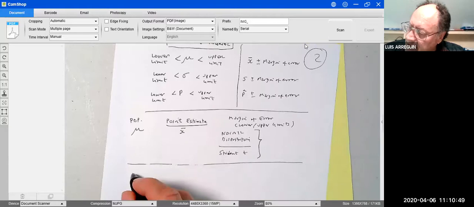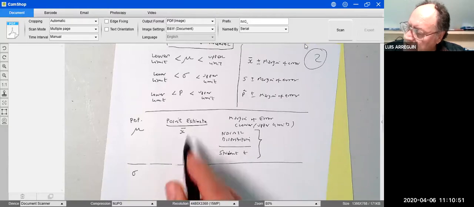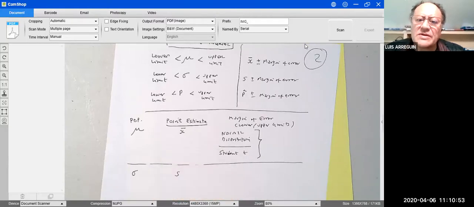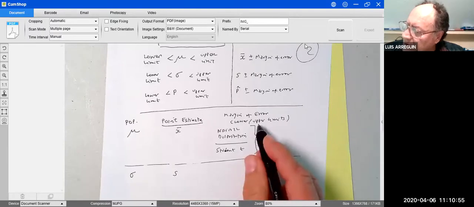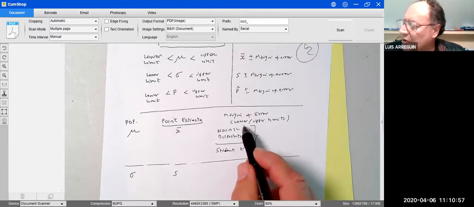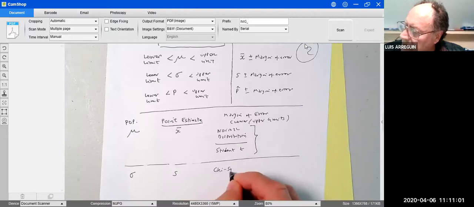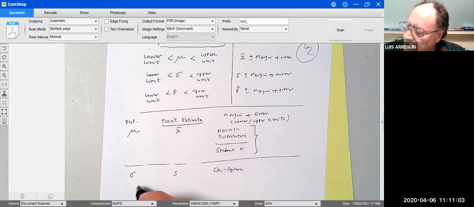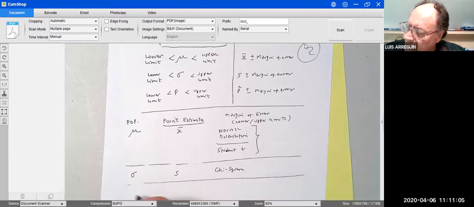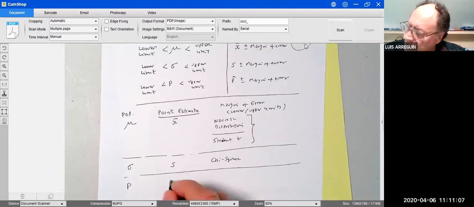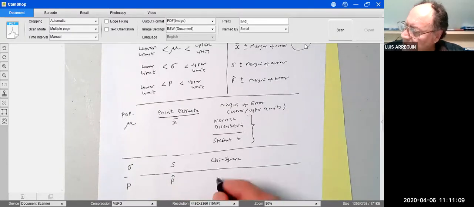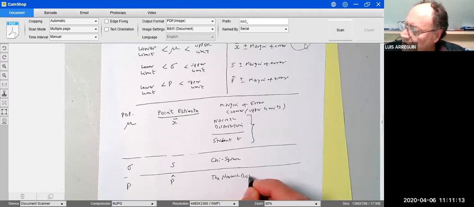Then for the standard deviation of the population, the point estimate is going to be the standard deviation of the sample. And for the margin of error, or to compute the lower and the upper limits, we're going to use the chi-square distribution. And finally, for proportions, you just need to compute the proportion of the sample, and then you're going to use the normal distribution.